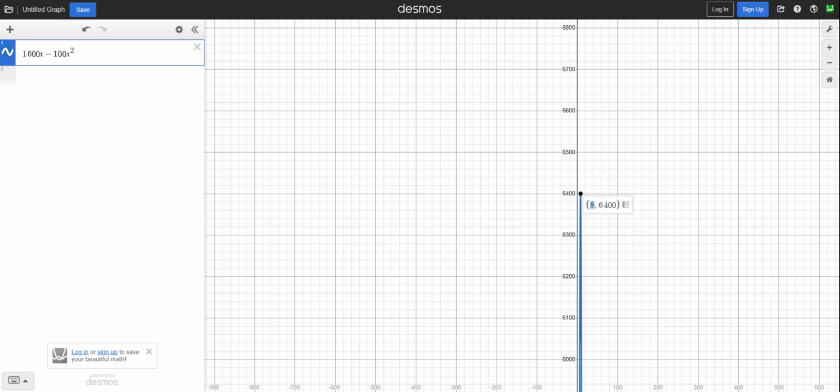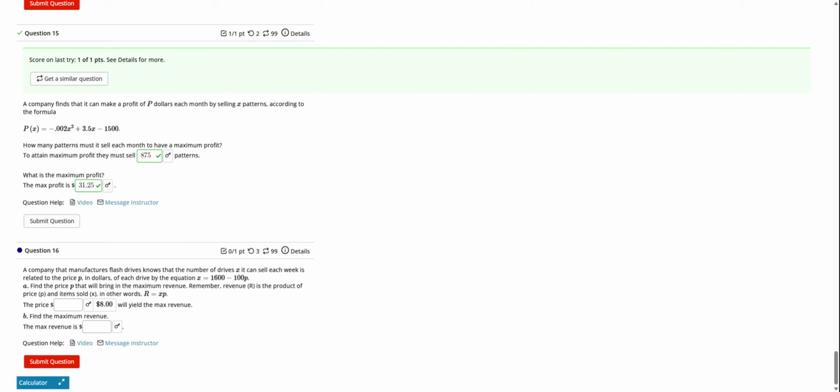And when you charge $8 per unit, you'll get a maximum revenue of $6,400. And that's pretty pitiful.